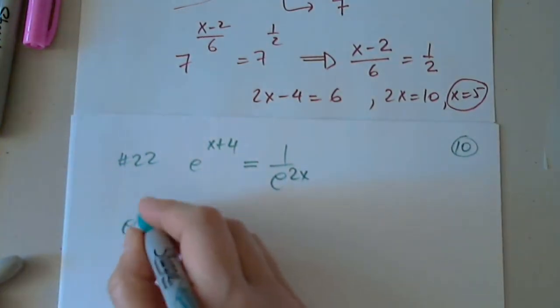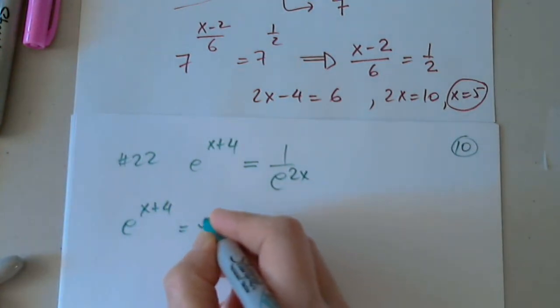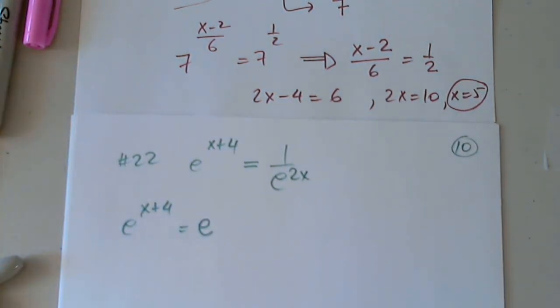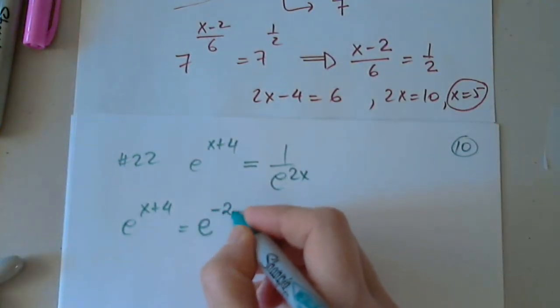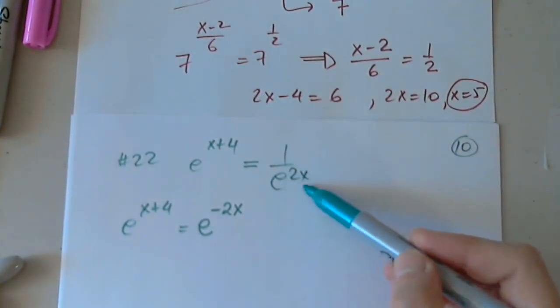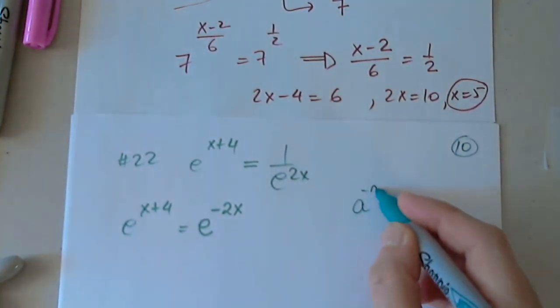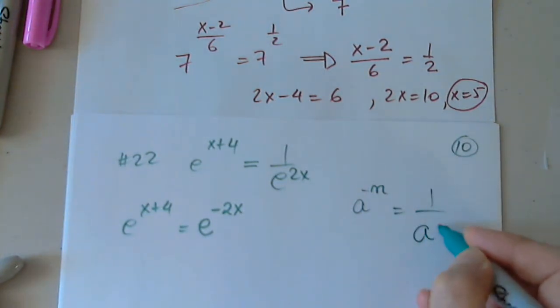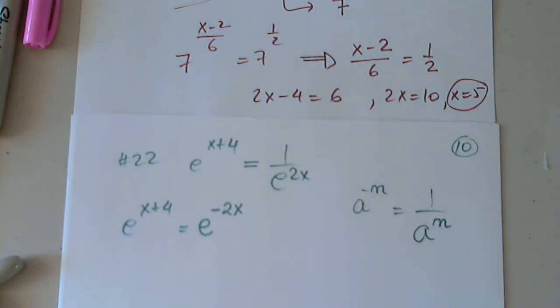If I remember that the right-hand side can be written as e to which power? E to negative 2x. E to negative 2x is the same as 1 over e to 2x. A to negative n is 1 over a to the nth power. Agreed? Perfect. What do I do now?